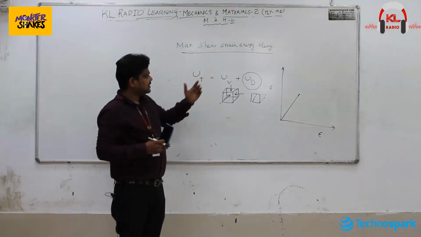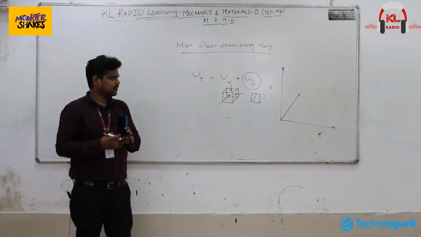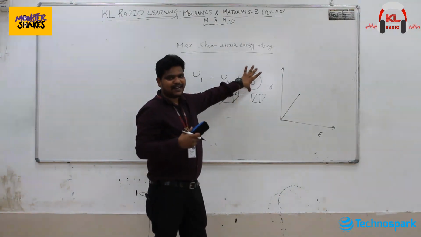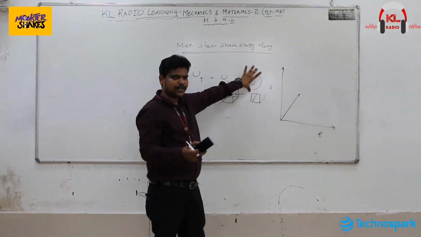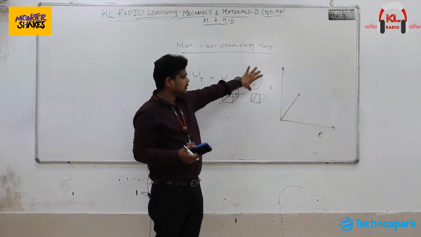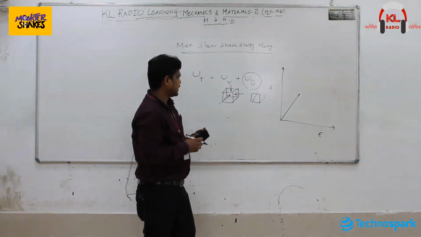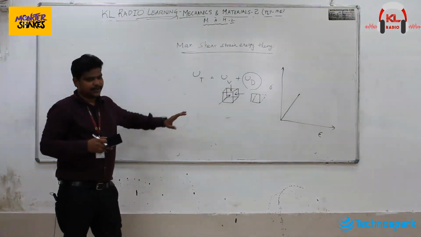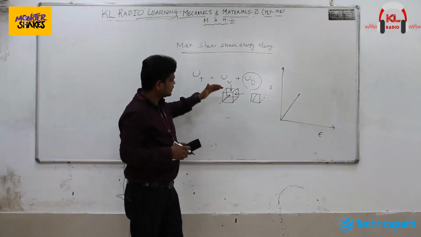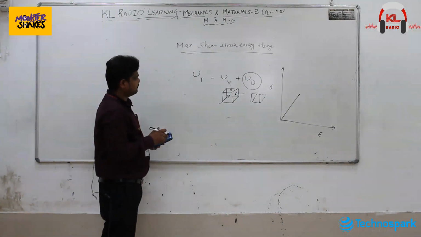So according to this theory, for no failure, the maximum distortion energy induced in the member under biaxial or triaxial loading condition should be less than the maximum distortion energy in a material under uniaxial loading condition. Right? It is quite logical. So let me put it in mathematical form and we'll try to find the region of safety.